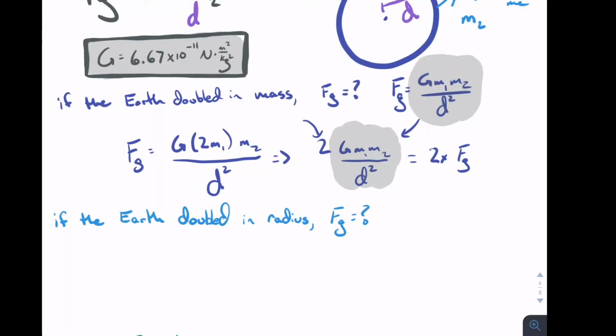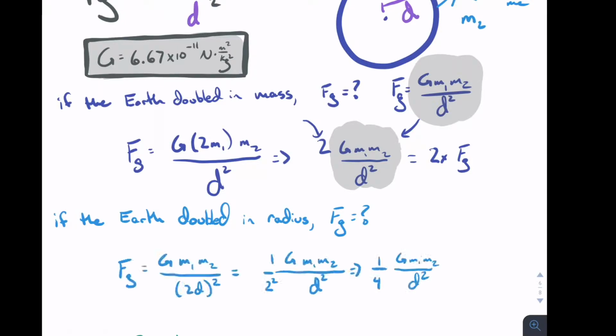So let's take a look here at another problem. What would happen if the earth were to double in size as opposed to doubling in mass? What would happen to the force of gravity you'd feel? So let's go ahead and put that in. This time though, we are going to put the 2 times down in for the doubling of the distance.